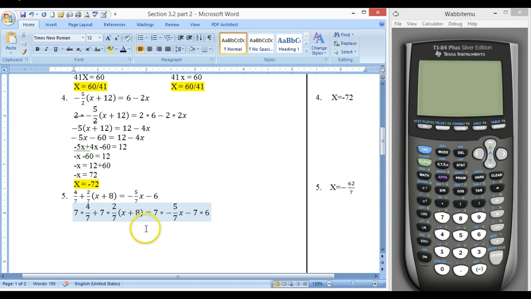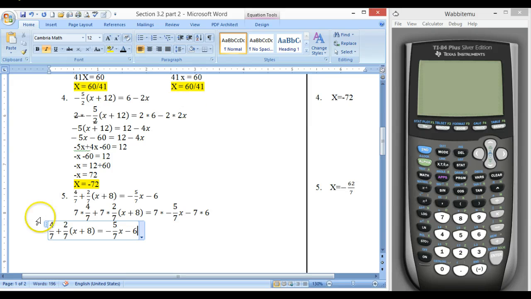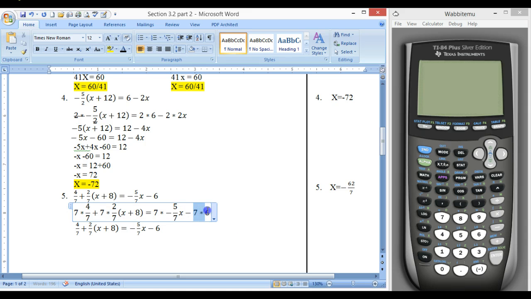That's probably the biggest problem, is that a lot of people forget to do it to every single term. They just kind of get rid of it. And what's important is that on the right-hand side, a lot of people forget to multiply that 6 by the 7, and they just get rid of all the fractions, and you have to keep it balanced.